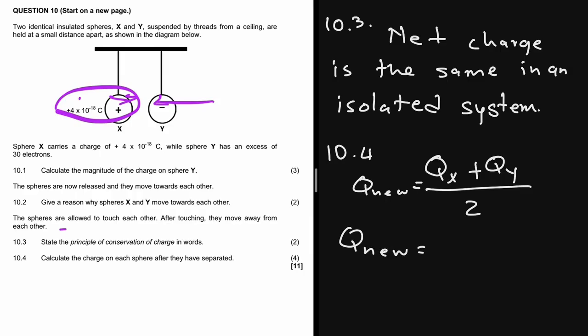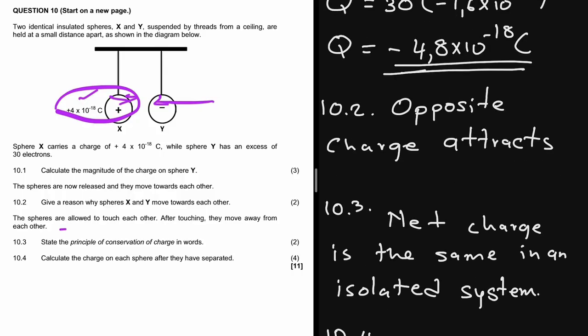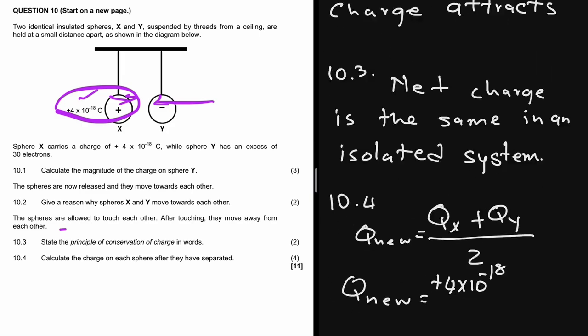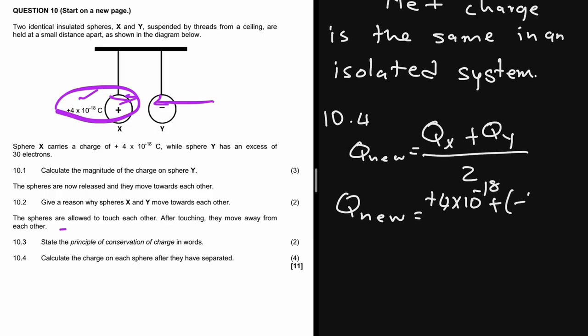This charge of x is positive 4 times 10 to the power of negative 18. But the charge of y was calculated to be negative 4.8 times 10 to the power of negative 18. So we'll substitute that. Then we divide that by 2, and we get the value of the new charge.